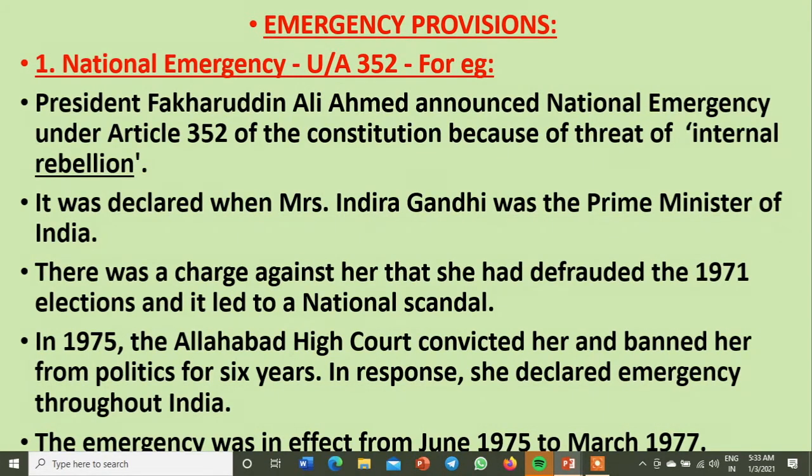Yes, students, you know that national emergency, if it is declared due to internal rebellion, has been declared only one time, that is by Mrs. Indira Gandhi from 1975 to 1977, when the Allahabad High Court declared her elections invalid, as there were some frauds in her elections, and she was banned from participating in political activities for 6 years. Then she was afraid of some public protest and she declared national emergency.